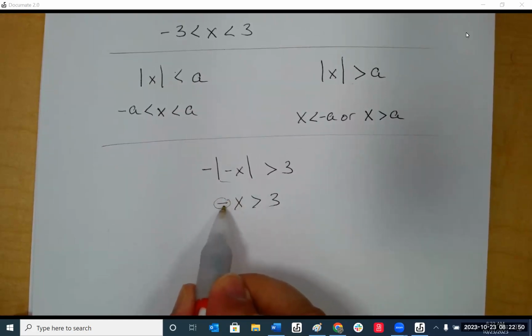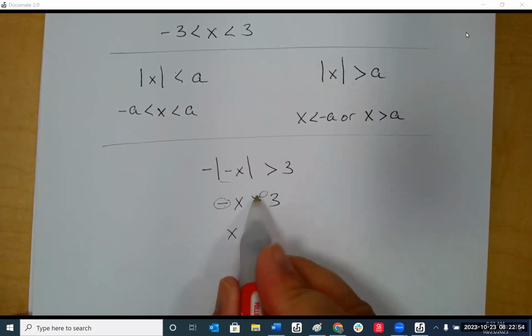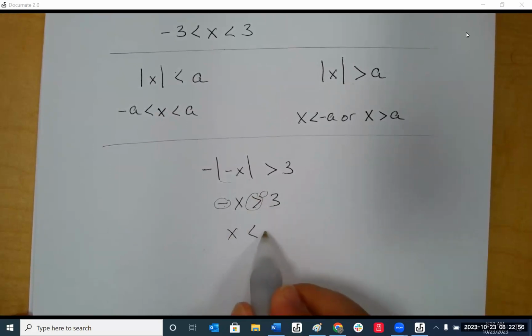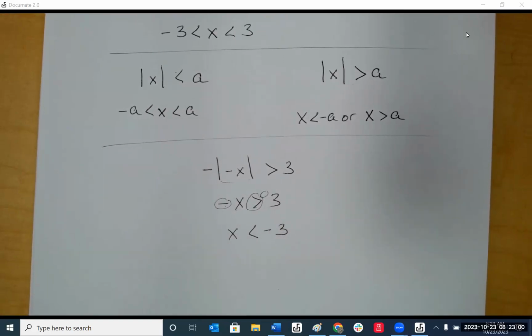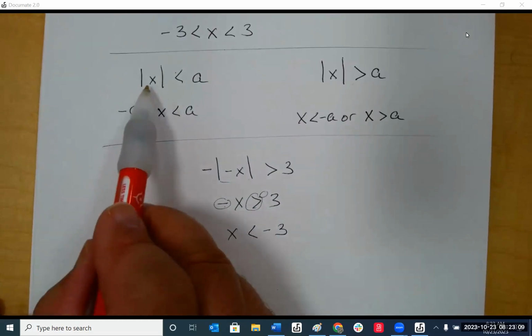Whenever we change the sign of x from negative to positive, we have to change everything, which includes the inequality. So the x inside here can be positive or negative.